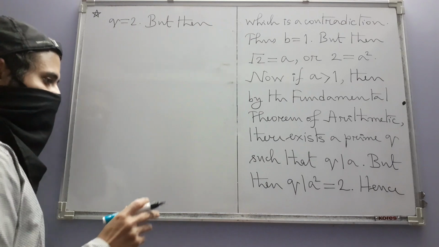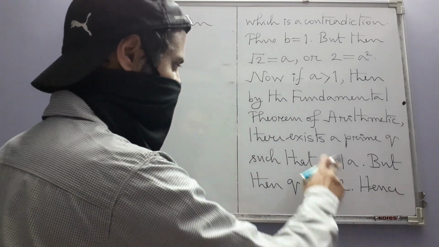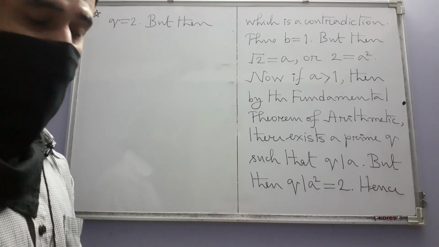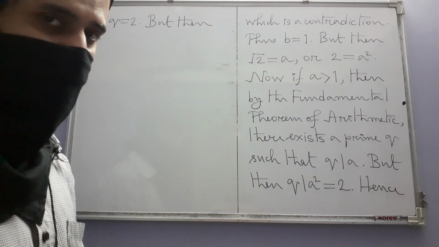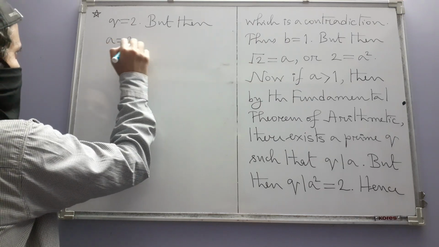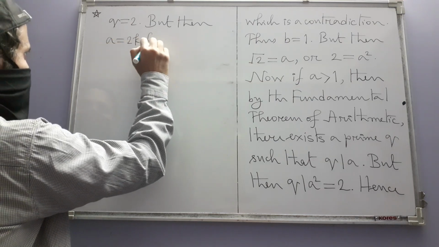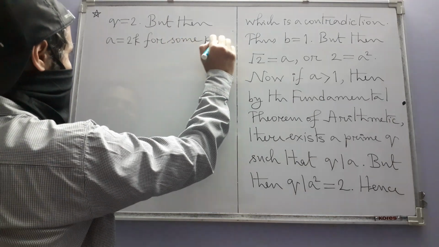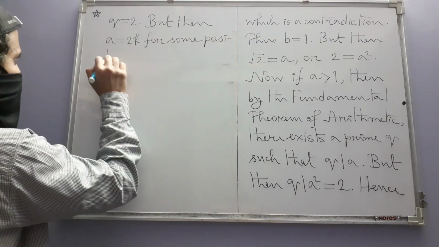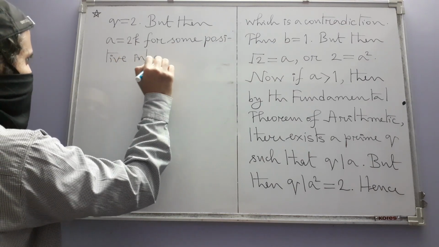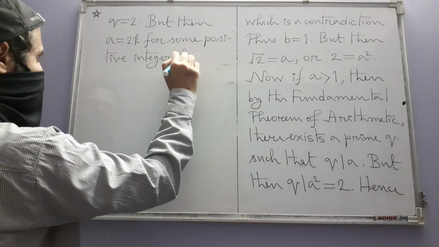Okay, but then what do we get from that? We get the fact that a is an even integer because q is 2. So a is equal to 2k for some positive integer k.